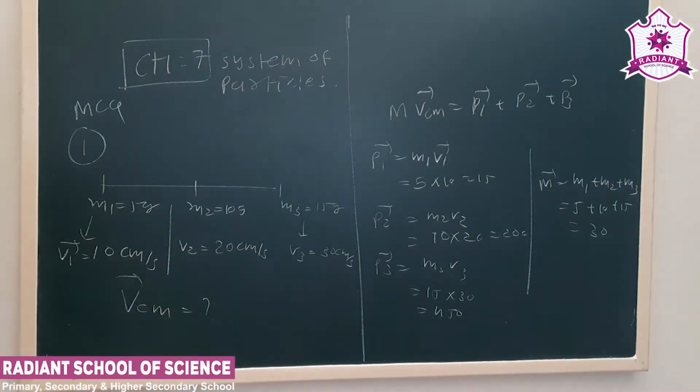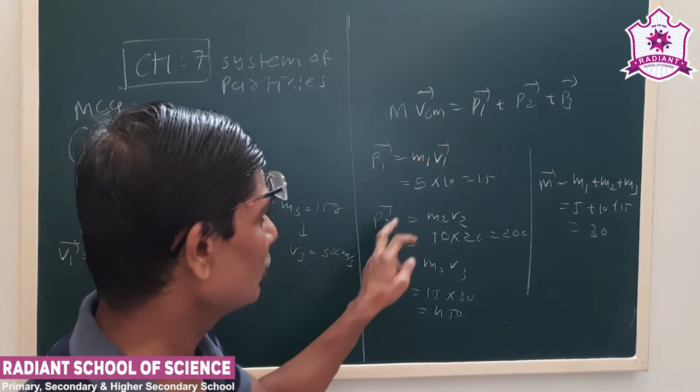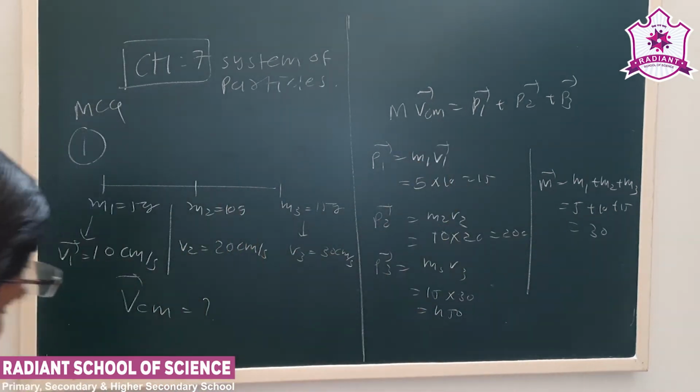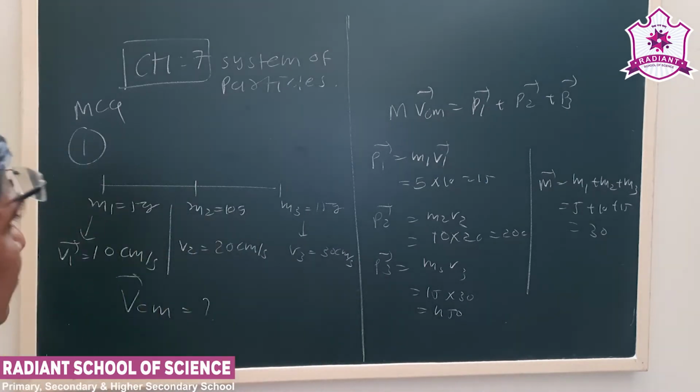Now we have all the values: P1, P2, P3, and the total mass. So we can substitute the values in the equation.